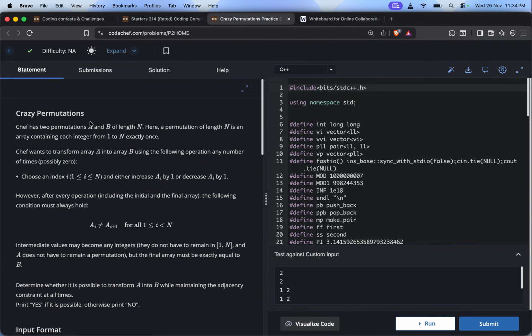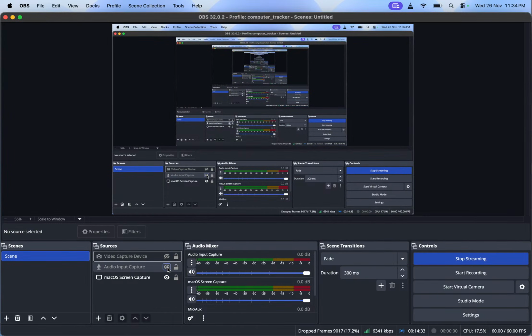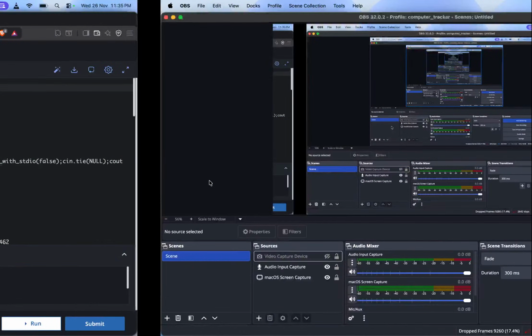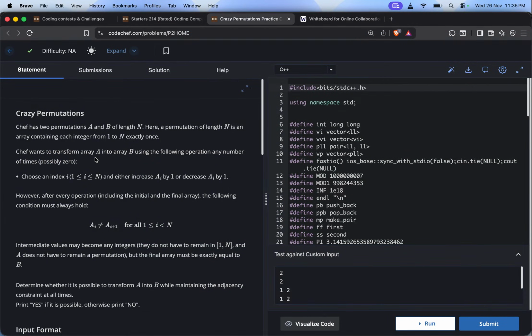So Chef wants to transform A into B using an operation any number of times.